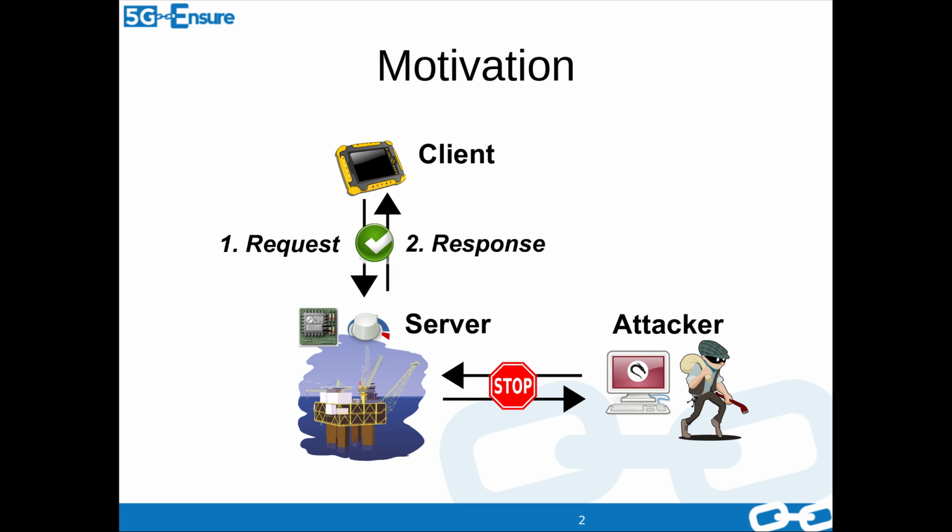The scenario we want to prevent is an attacker getting unauthorized access to that server. We are assuming that the server, being a constrained device, has intermittent connectivity, which means it can't contact third-party services to verify the client's authorization. It needs to do that on its own.